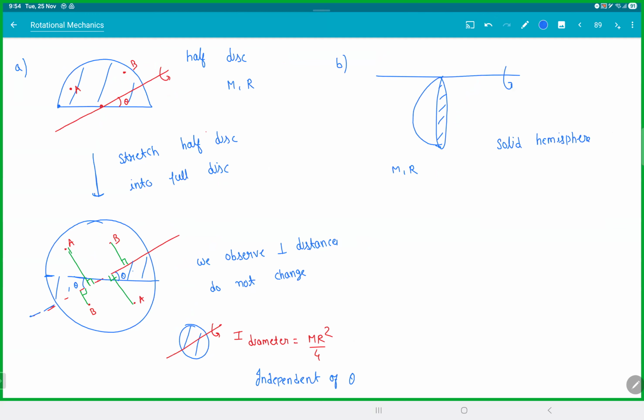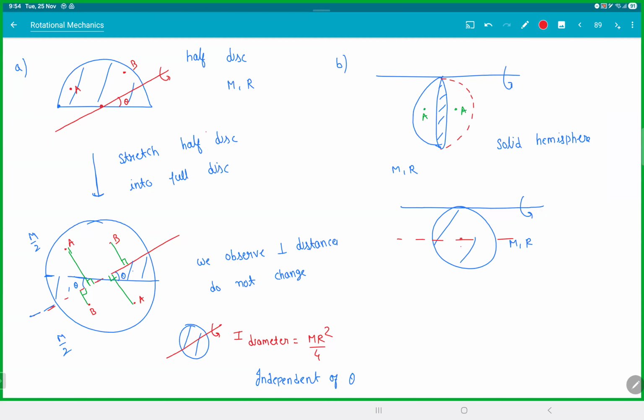The same thing here, I can do the same argument. What I will do, I will make this into a full sphere like this. So if I take this as point A, this also will be point A. So basically you made this into an m by 2 half and m by 2 half, so mass is still the same. So this has become a full sphere of mass m and radius r.